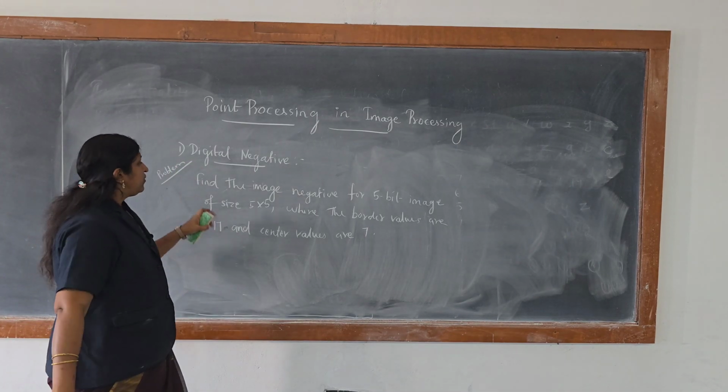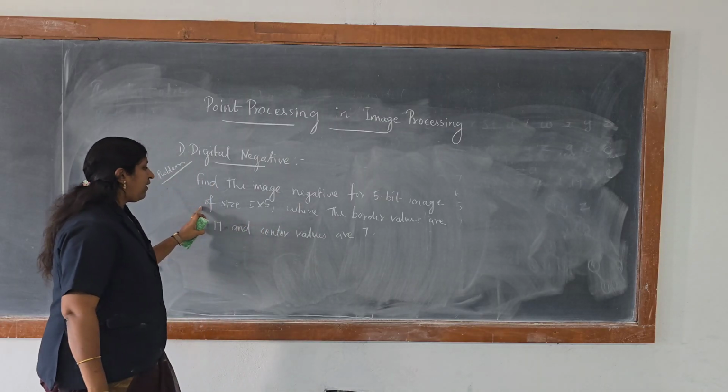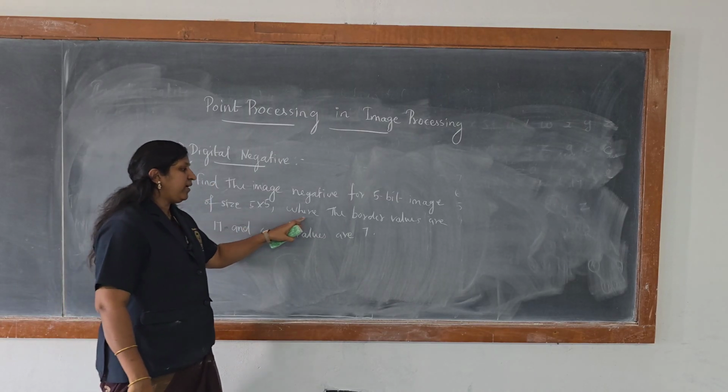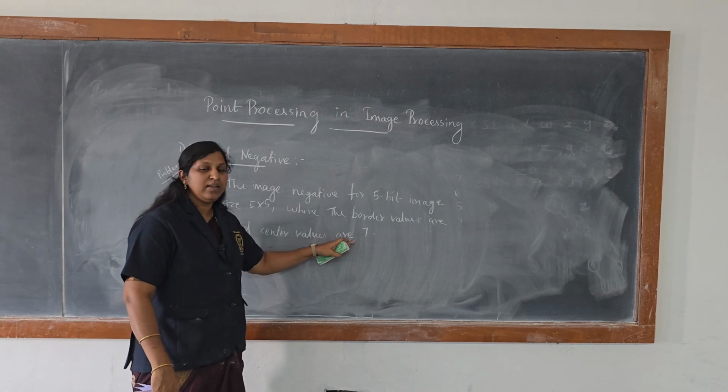Okay. So find the image negative for 5-bit image of size 5 cross 5 where the border values are 17 and center values are 7.